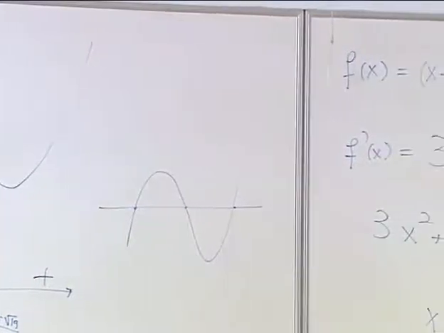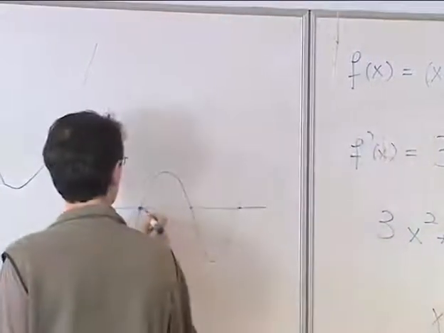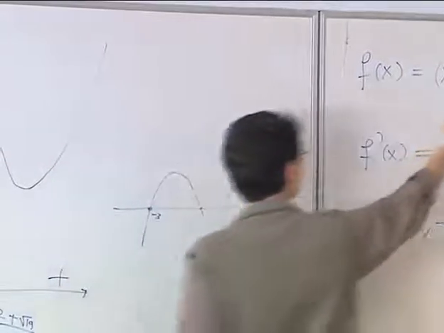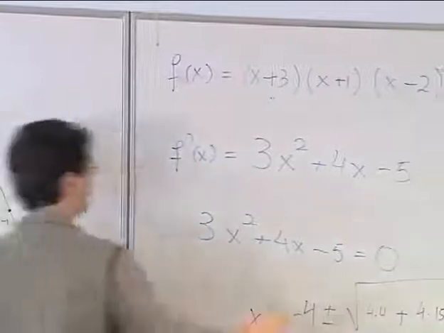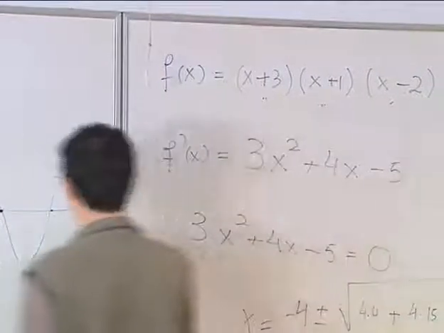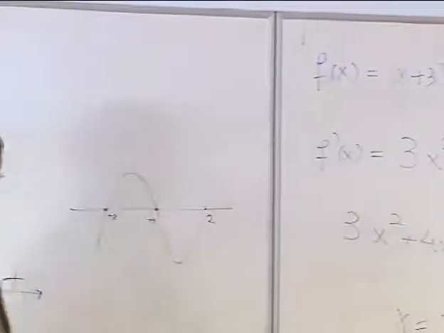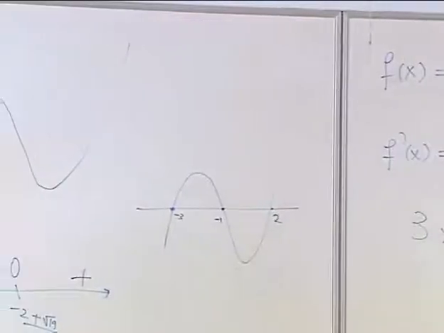These three values here are -3, -1, and 2. From the way I picked it.